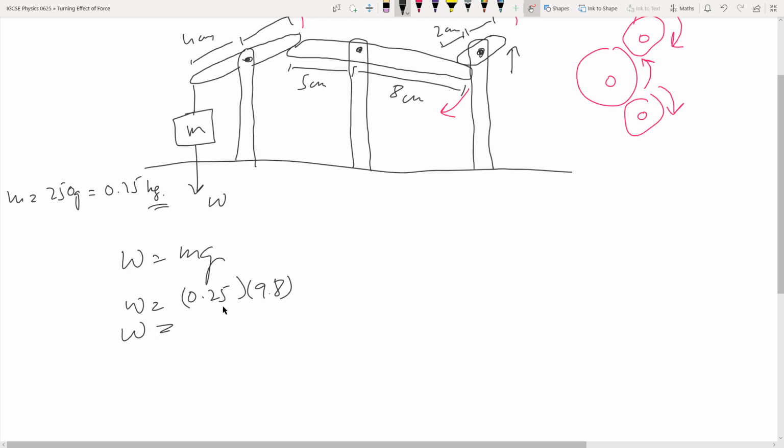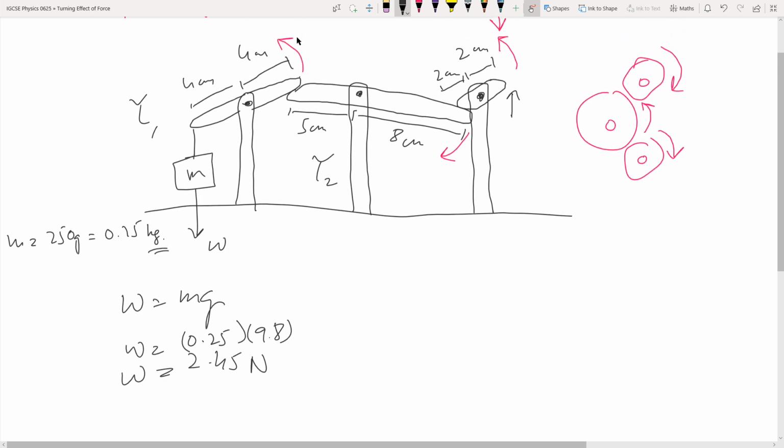Just let me calculate this on my calculator. It is going to be 0.25 into 9.8. That is 2.45 newtons. That's the force which is there. Now let's call this tau 1 for this one. Let's call this tau 2, because since these distances are equal, this tau 1 is going to be the same for both sides, right? It is going to be the same for lifting this mass.